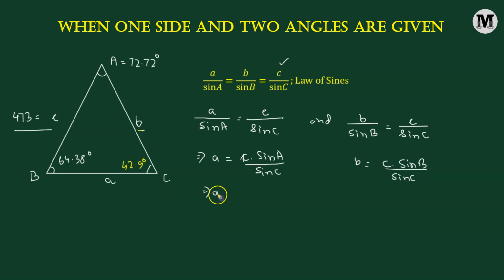So we find the value of a comes out to be approximately 663.49, and b comes out to be approximately 626.53. So we have successfully obtained the measures of sides a as well as b.